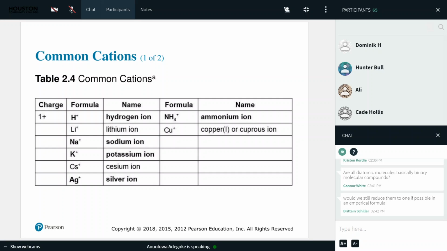For positive charge ions, the cations, the only polyatomic ion in the context of this chapter that has a positive charge is the ammonium ion, NH4 plus. In a compound, it behaves like H plus or Li plus, because it has just a +1 charge.